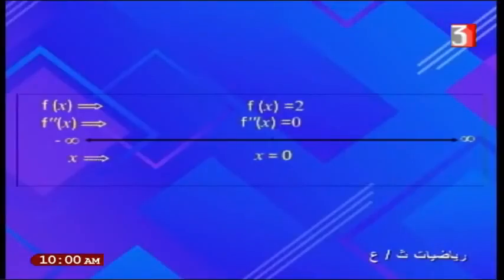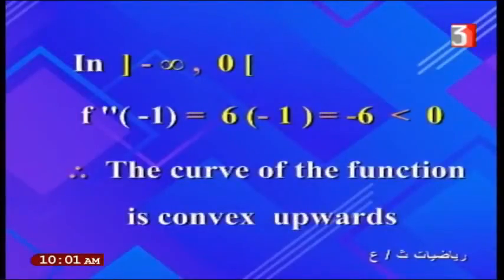In the open interval negative infinity and 0, we choose a number like negative 1 and substitute in f double dash x. Then f double dash of negative 1 equals 6 multiplied by negative 1 equals negative 6, which is a negative value smaller than 0. Then the curve of the function is convex upwards in this interval.